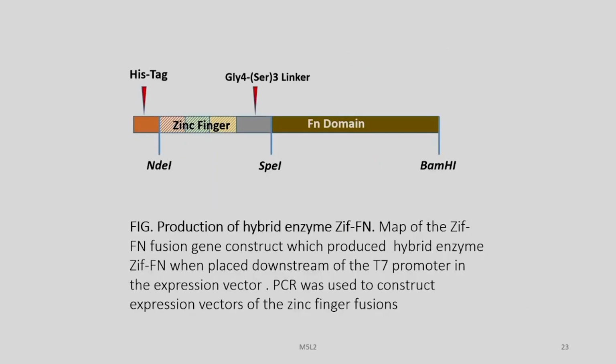So, in this figure, if you observe, we have a His tag at one end, and then we have the zinc finger triplets over here, as you can see, and then this is the linker which joins the ZF domains to the functional domain, and then these are the specific restriction sites in this construct.